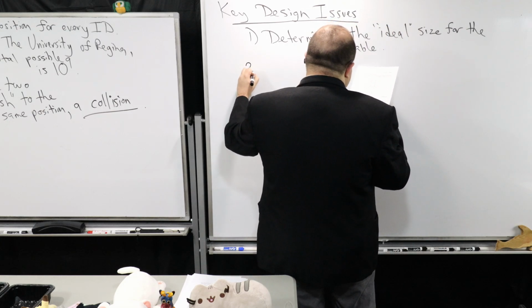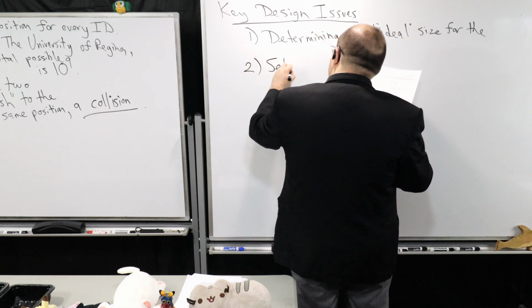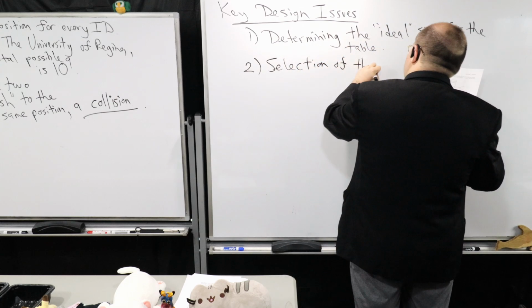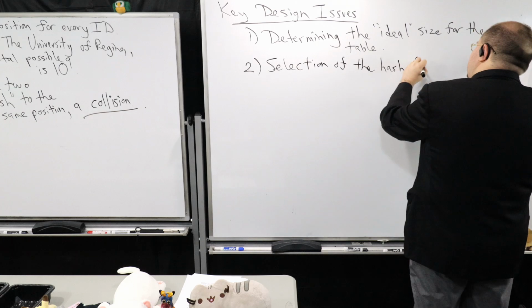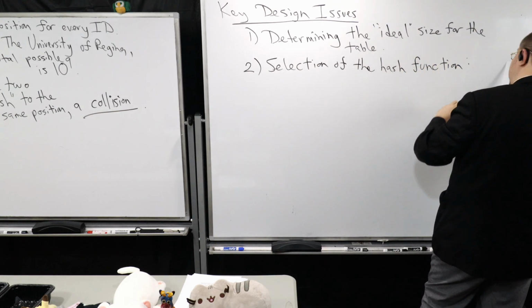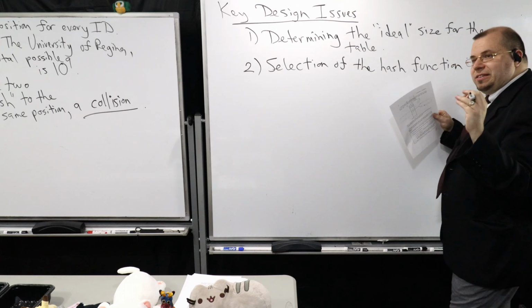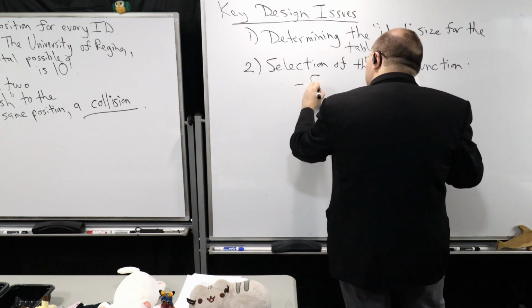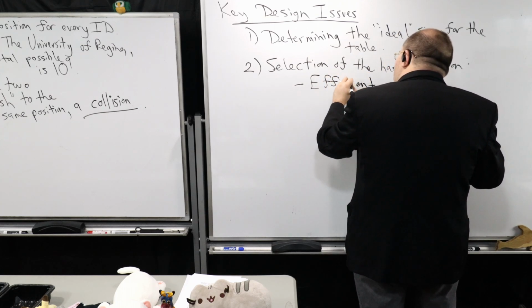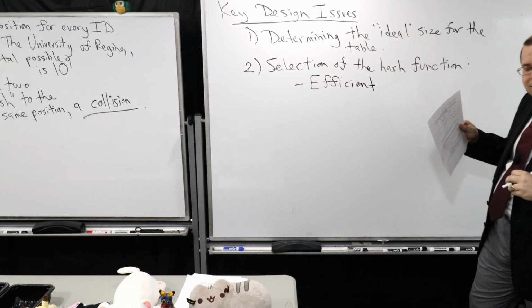So the next big thing is, of course, the selection of the hash function. So how you determine the selection of this hash function. It should be efficient to compute. So this is one thing I would like to have. Now, it isn't true that all hash functions have to take constant time.